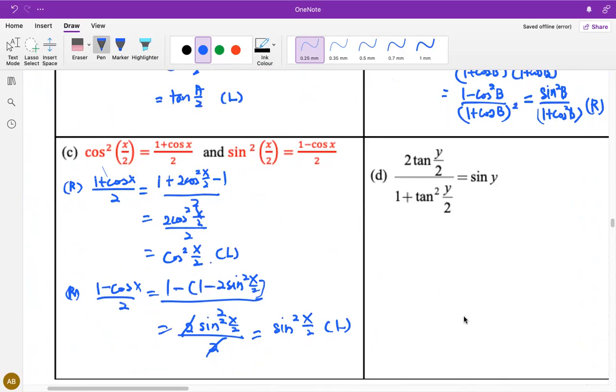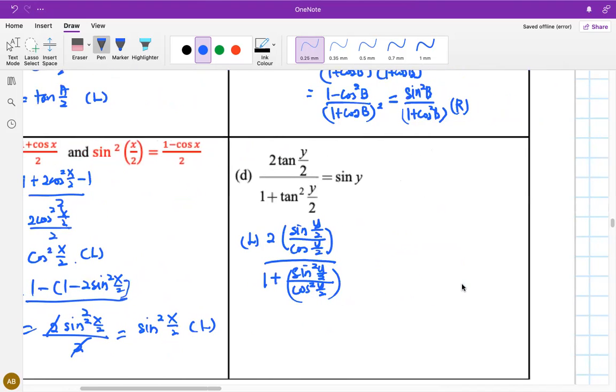Okay, so from the left hand side, 2 tangent y over 2 is 2 sine y over 2 over cos y over 2, then divided by 1 plus sine square y over 2 over cos square y over 2. So this is no problem, right?